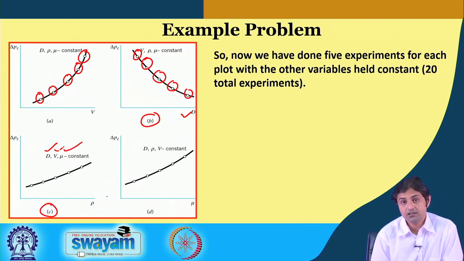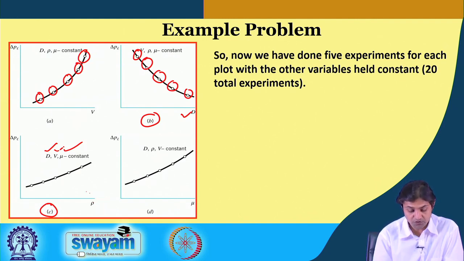You would have a very valid question, how can we keep mu, for example, constant and vary rho? Because in the laboratory we can control the conditions, and therefore, it might be possible. So, just taking a hypothetical scenario, we vary rho, and similarly we have got here 5 points, 3, 4, 5, and in the last we keep diameter, rho and V constant and vary the viscosity of the fluid.